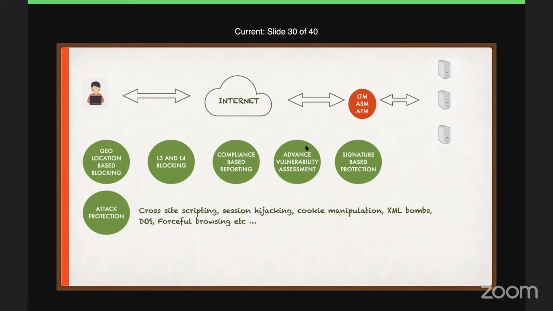Suppose it's an ASM policy. The user is going to access the URL. It is going to hit the virtual server, and we have an ASM policy on that virtual server. So before sending the traffic to the server, it will refer to the security policy, the ASM policy.